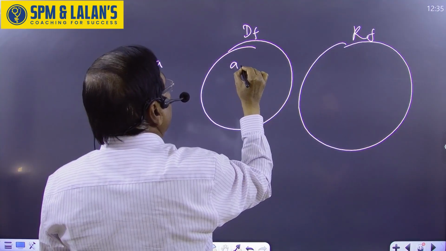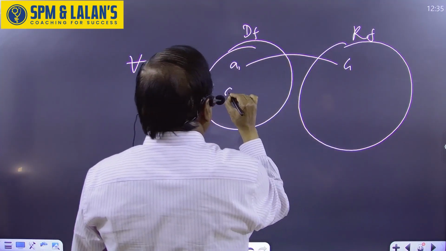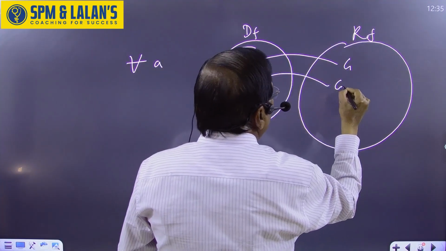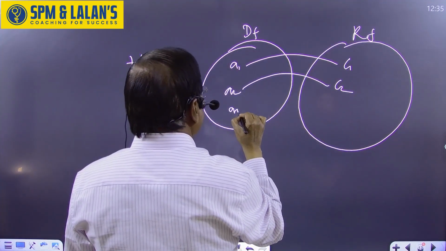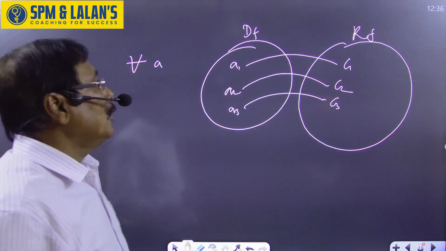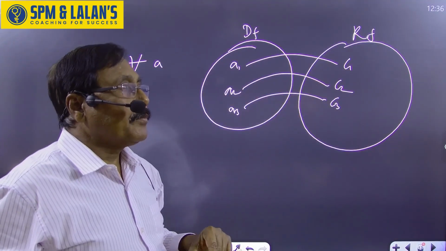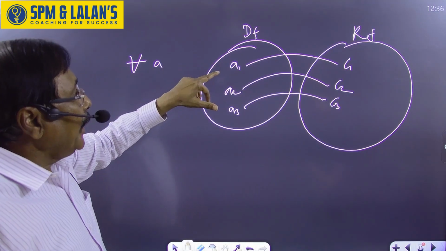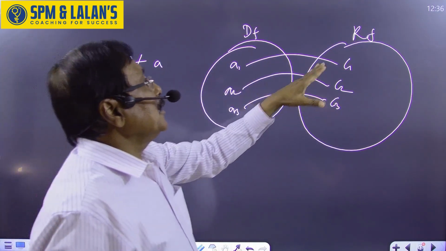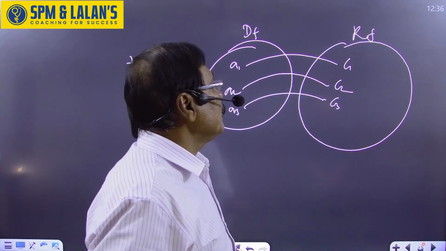Let us consider A1 is related to B1, A2 is related to B2, A3 is related to B3. Now there is a one-one correspondence between A and B. For every A, there is an image in the codomain.